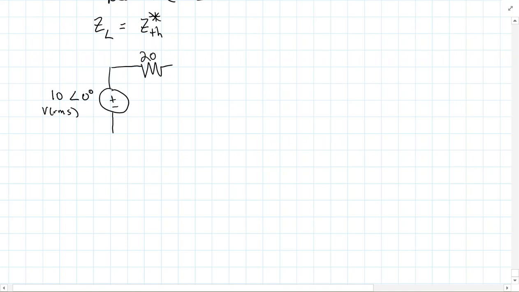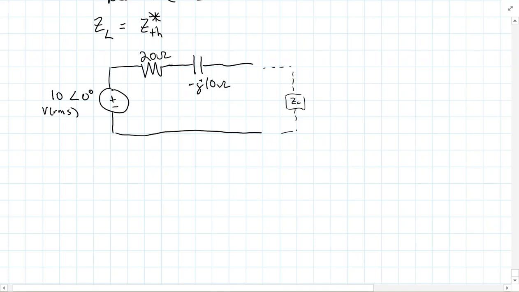And we'll have a 20 ohm resistor, a minus J10 ohm capacitor, and then we'll have my load attached here.